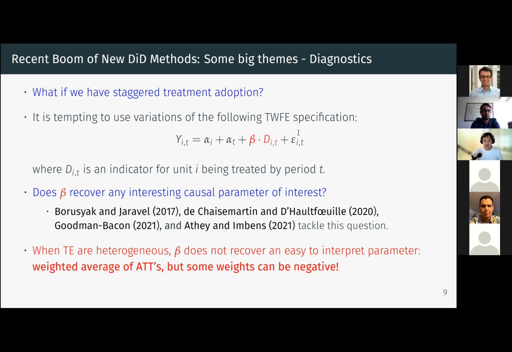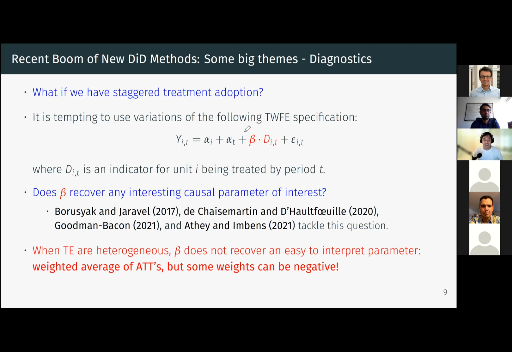Deschamps-Martin and Dalton Fourier had this 2020 AER paper. Andrew Goodman-Bacon has the Journal of Econometrics paper, and Susan Athey and Guido Imbens also have this Journal of Econometrics paper. All these papers are trying to answer this question: what is beta? I mean, beta is beta. We all know that, right? But if I have to give a causal name for beta here, what is it?